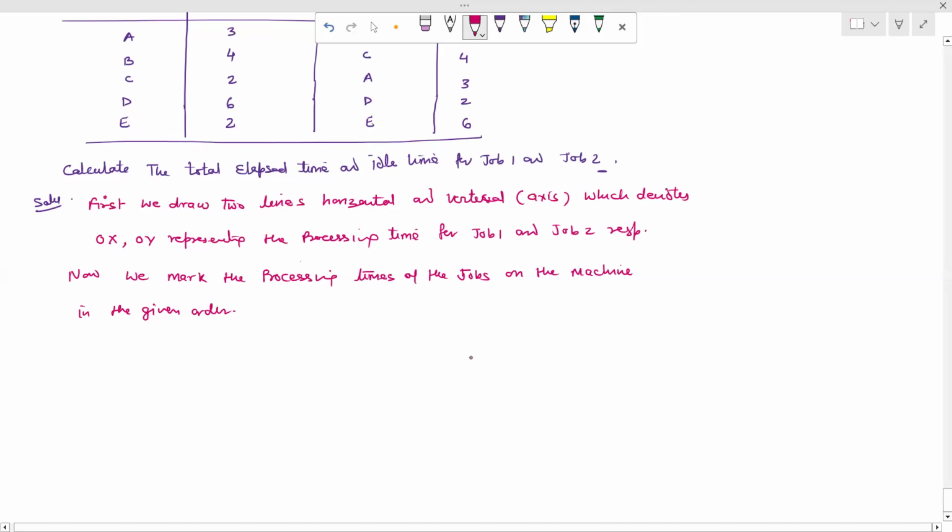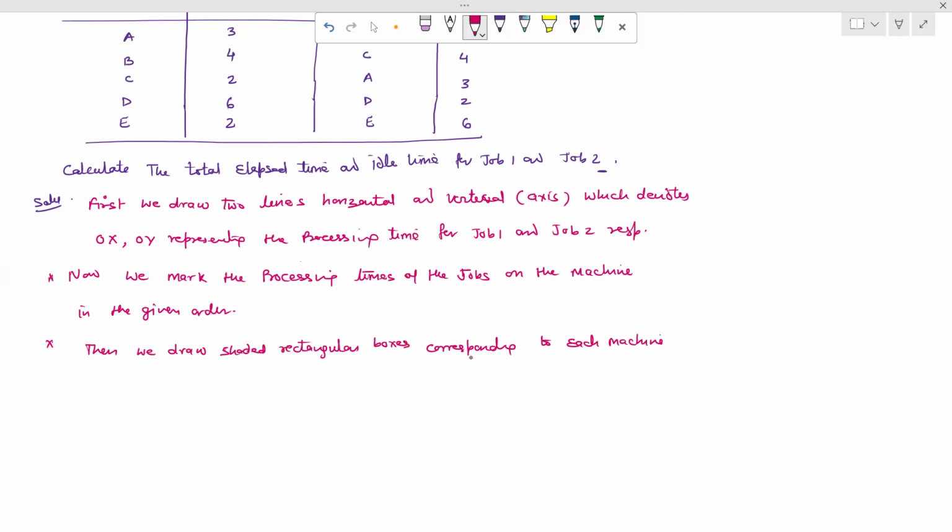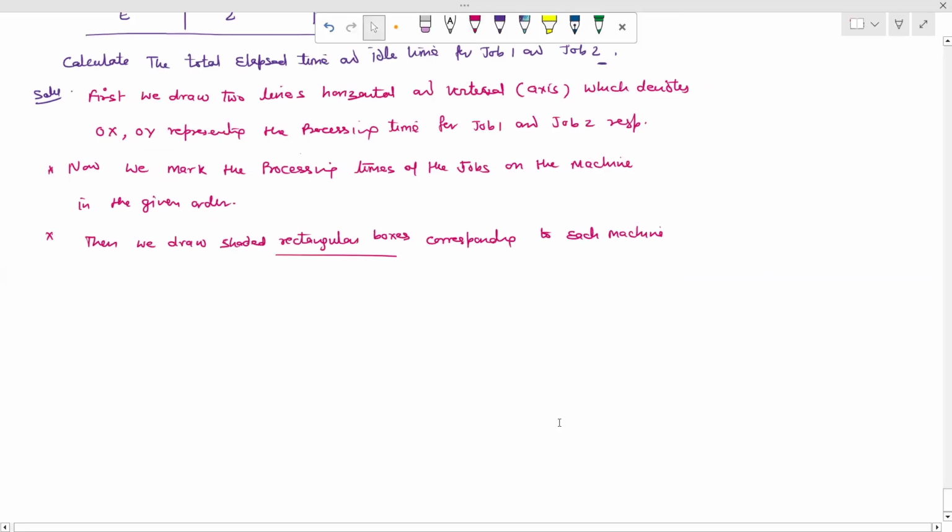After doing this, the next step is that we draw shaded rectangular boxes, or blocks, corresponding to each machine. The boxes are taken where we have the common region.